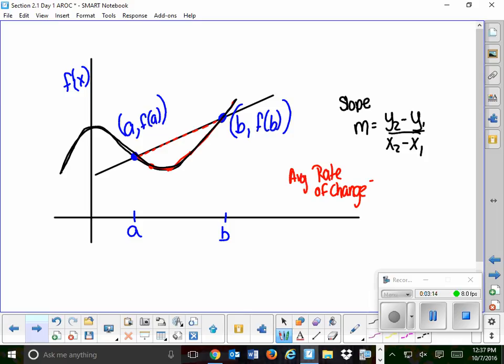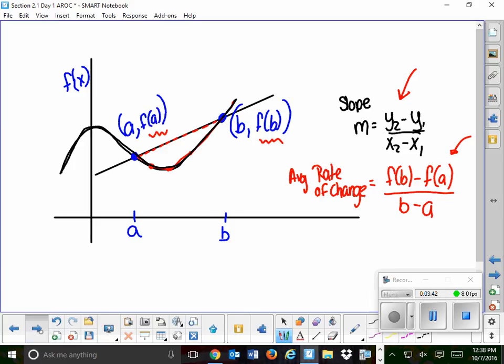And that formula is y2 minus y1. Here's y2 when you're subtracting y1: f of b minus f of a, all over b minus a. Easy notation from Algebra 1 is right there, and we're using function notation because it's pre-calc. And that's what our notation is. So anytime I say find the average rate of change, you're just finding it between 2 points.